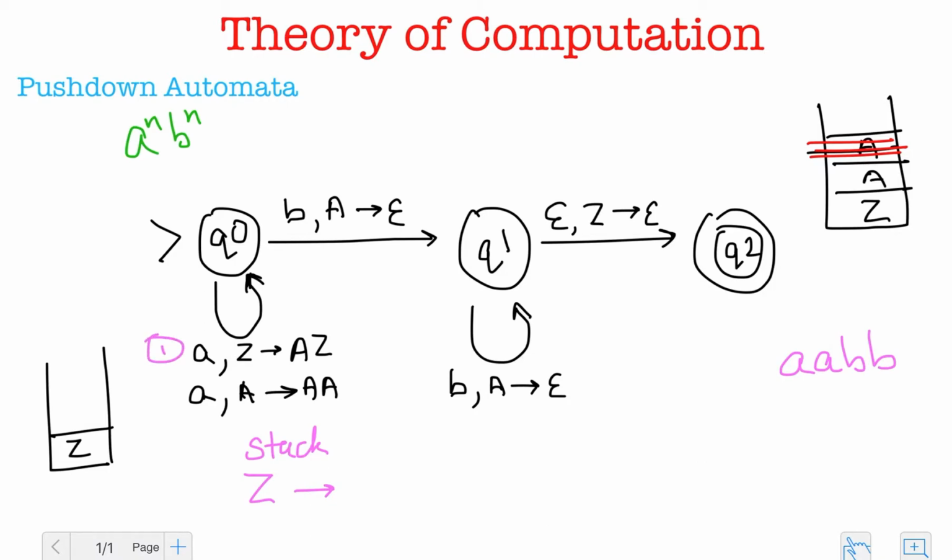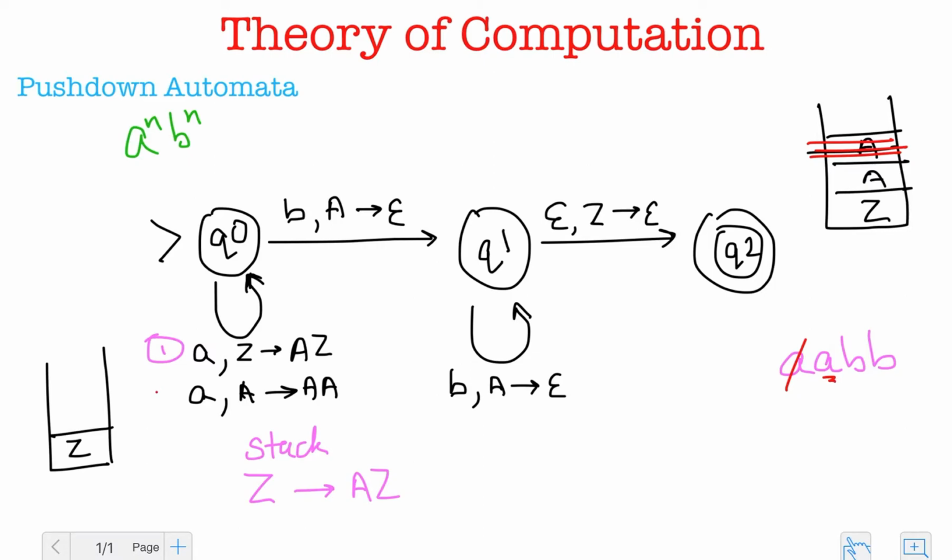So this is step 1. So my stack will now become AZ. Remember that the leftmost symbol is always going to denote my stack top. So next I'm done with this A right here, and now I have another A, which is this one.